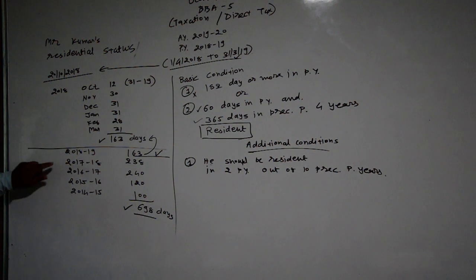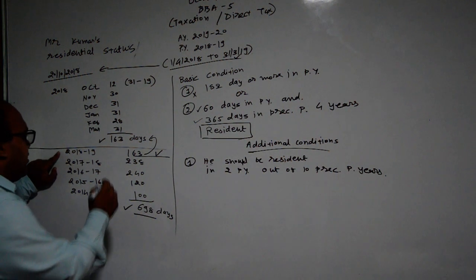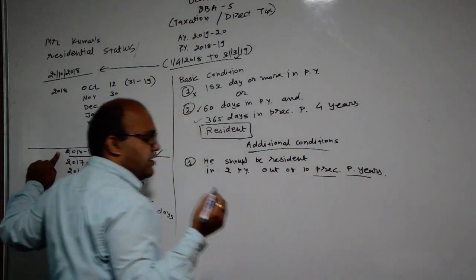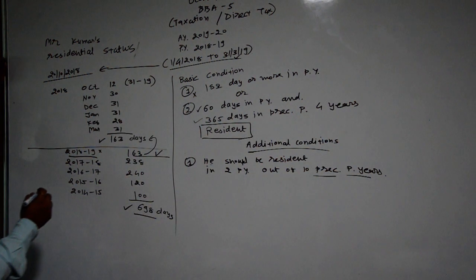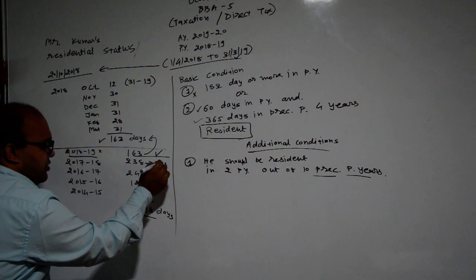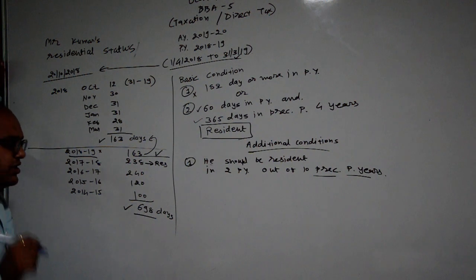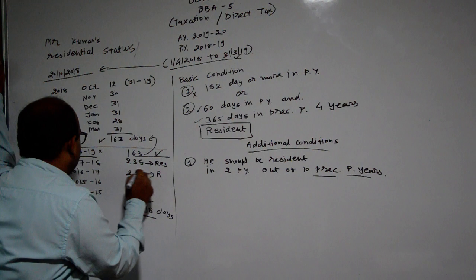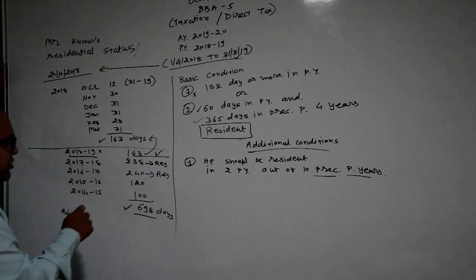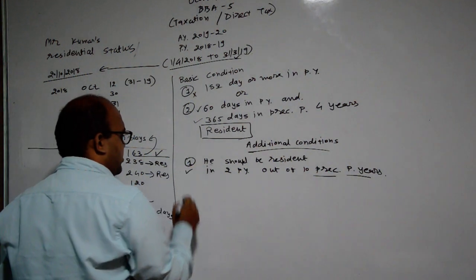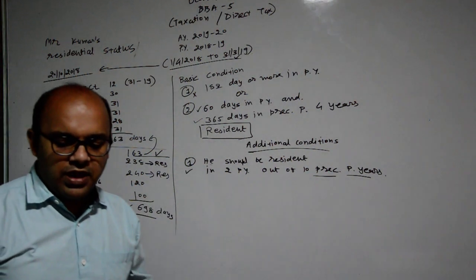In 2018-19 we are not required to check this year because the words preceding previous year are used. In 2017-18 he is resident because he stayed more than 182 days in India. In 2016-17 another time he is resident. So we can easily say that the first additional condition is satisfied by Mr. Kumar.